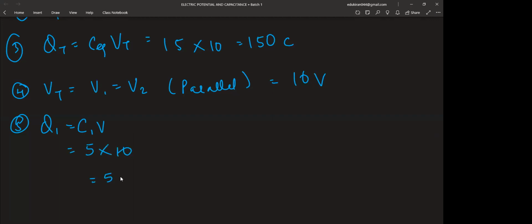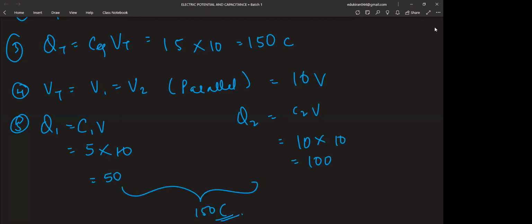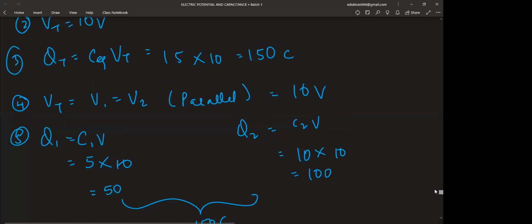This is 50. And Q2 is C2 into V, which is 10 into 10, so this is 100. Now if you add the charges, this gives you the total charge, which was 150. That was divided. Fifth is done.